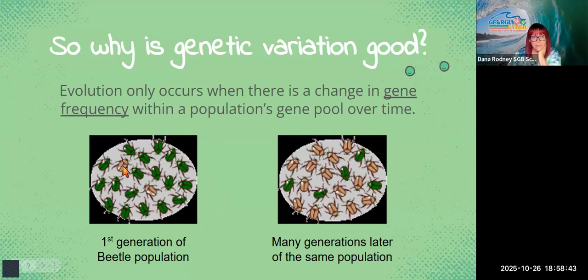So maybe this first generation of beetle population lives in a place where there is a lot of green grasses. But then over time, those grasses begin to die off, and you're left behind with much more dirt and things like that. Well, these two brown beetles, they were able to survive because they blended in, and they're the ones that reproduced. So it changes the gene frequency.